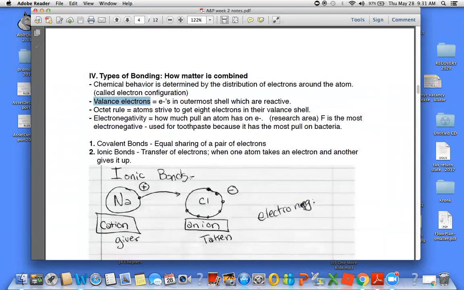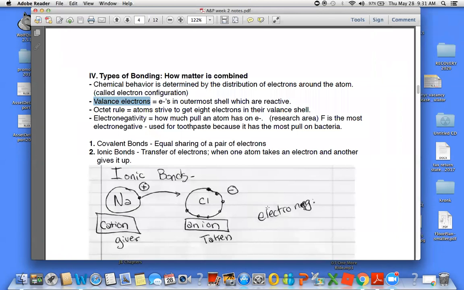All right, let's take the example right here. Here's a sodium. It has 1 electron in its outer shell. Chlorine has 7. What do you think is going to happen? The electron from the sodium is wanting to leave and go to the chloride so that chloride fulfills the 8 electron rule, or the octet rule. So let me restate this.